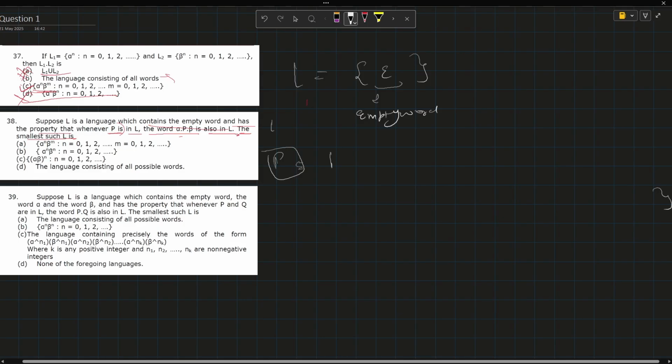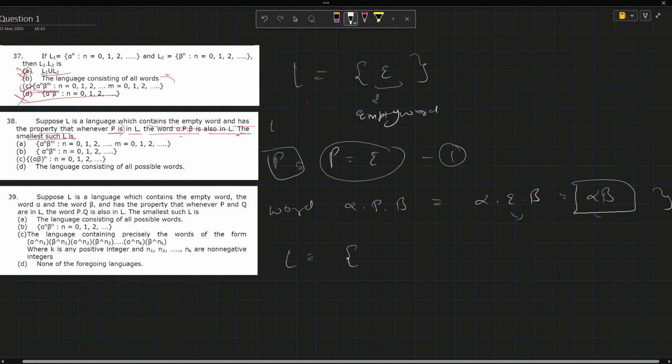So let's assume P is equal to the empty word in the first step. Now the word A P B should be equal to A B, and this is also in the language only, so we would add this term in the language, A B.